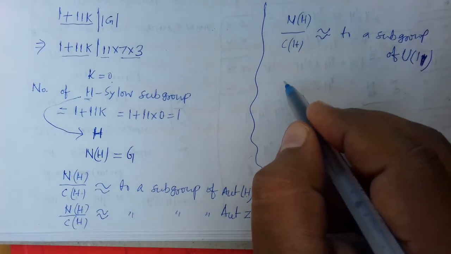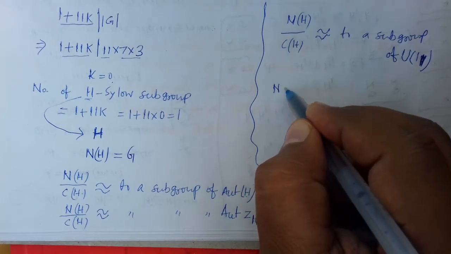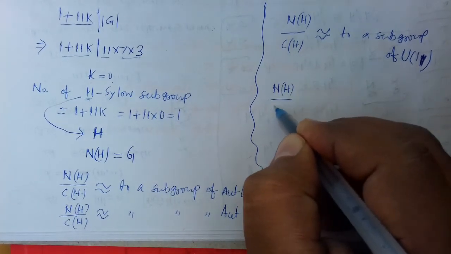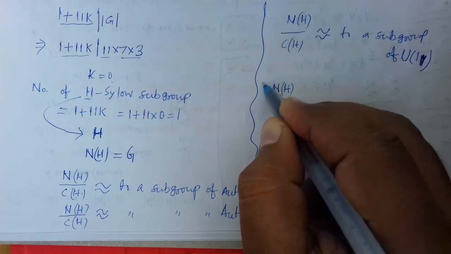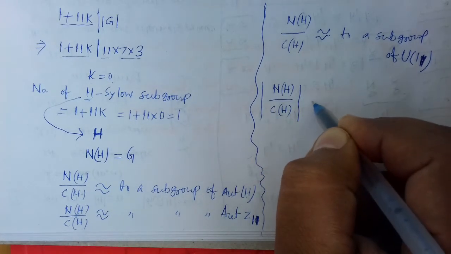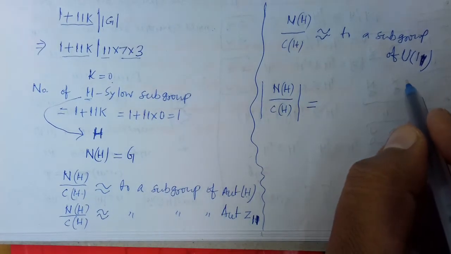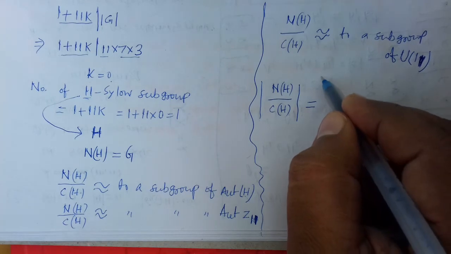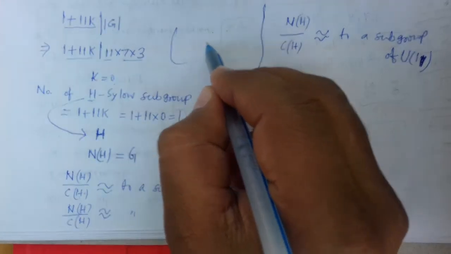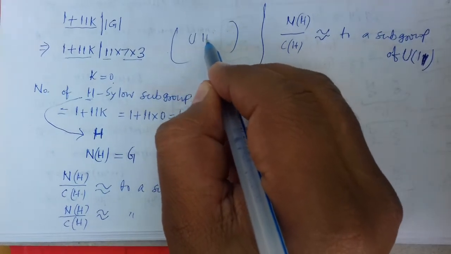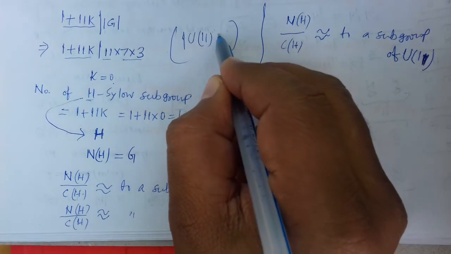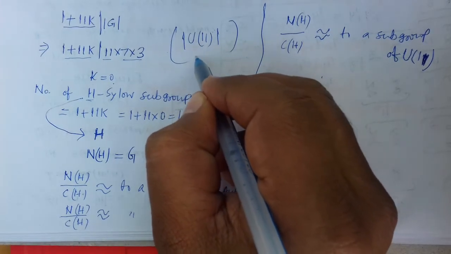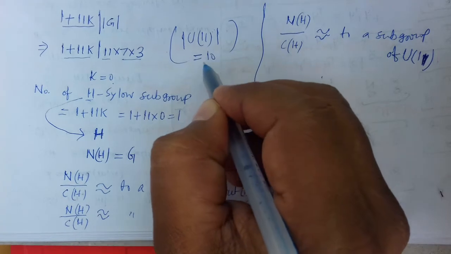So the order of NH by CH should be equal to the order of a subgroup of U11, you may notice, and its order is 10.